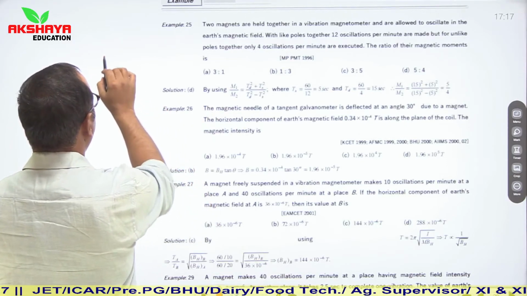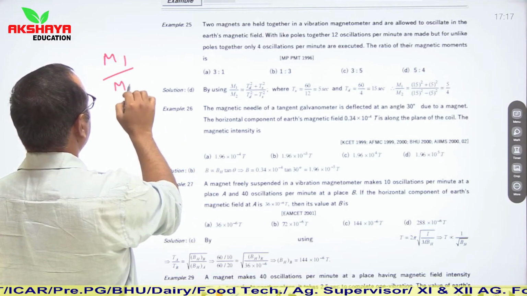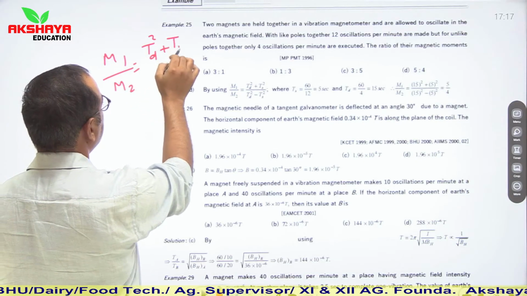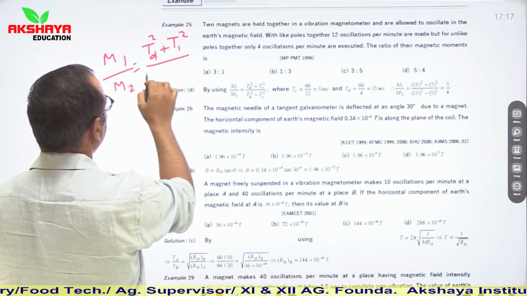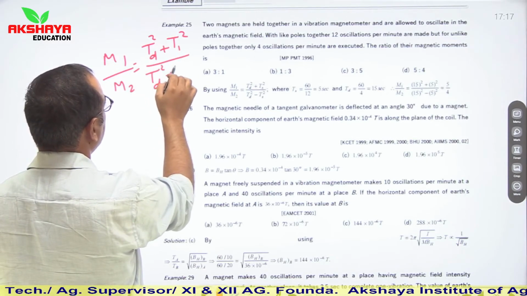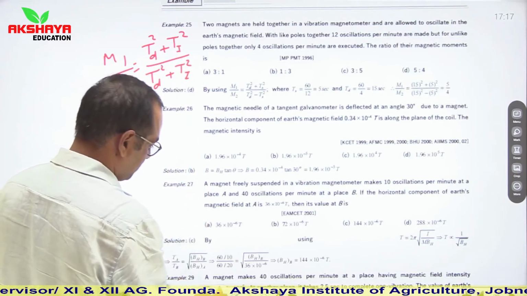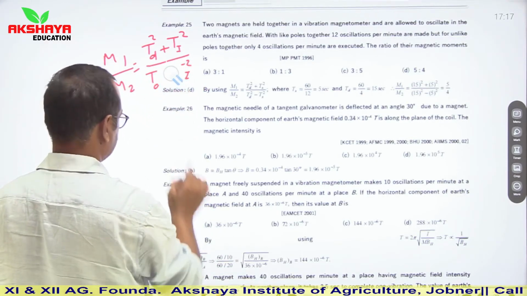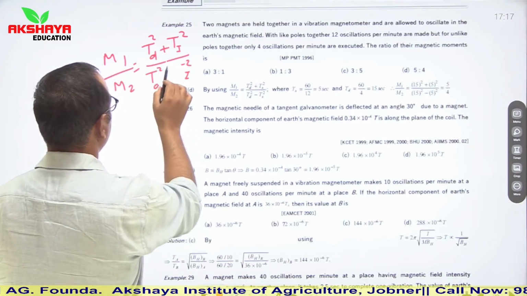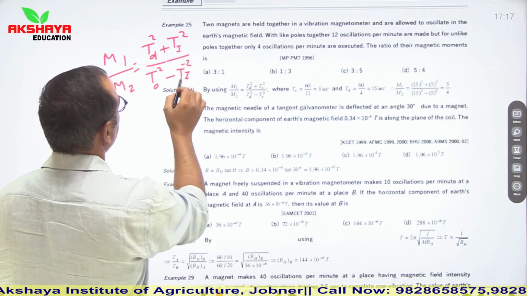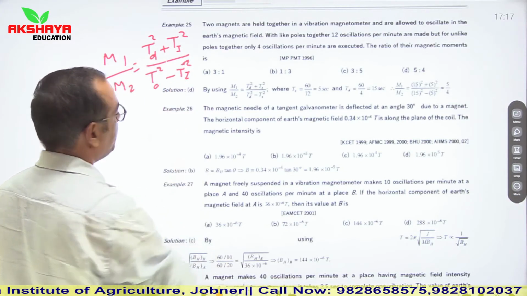So magnetic moments can be compared by using the relation M1 upon M2 equal to (Td square plus Ti square) upon (Td square minus Ti square).